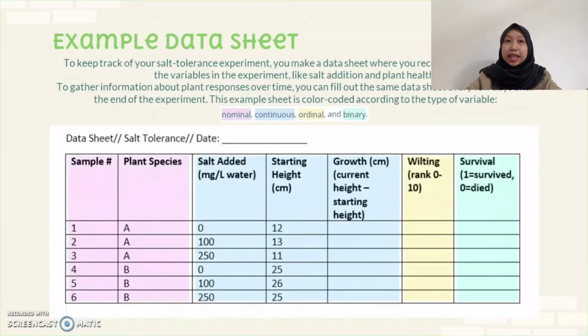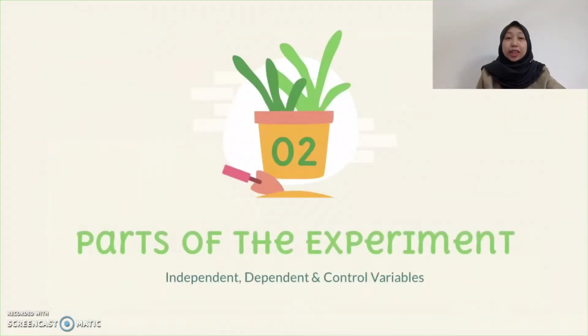This example sheet is color-coded according to the type of variable. Nominal with the purple color, continuous with the blue color, ordinal with the yellow color, and binary with the green color. The next content is parts of the experiment.